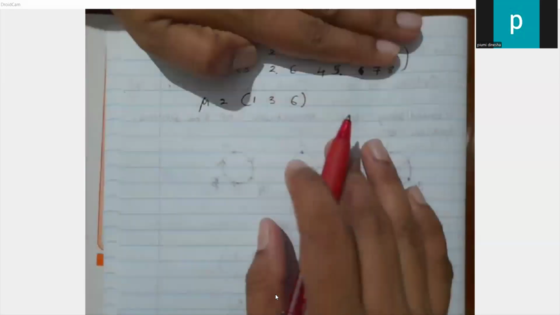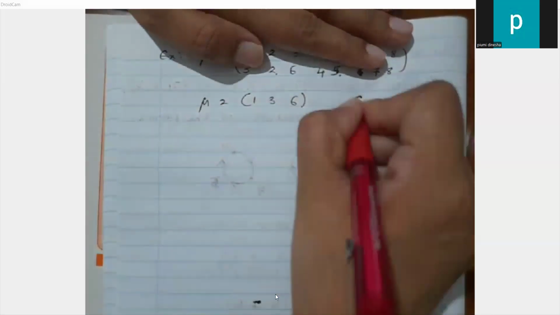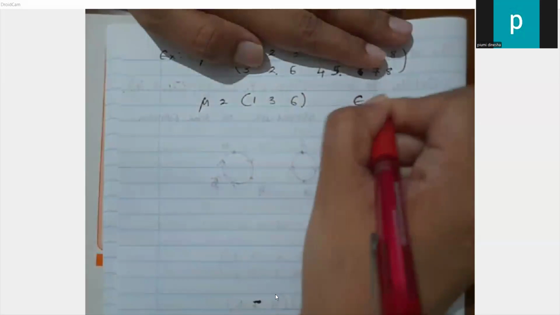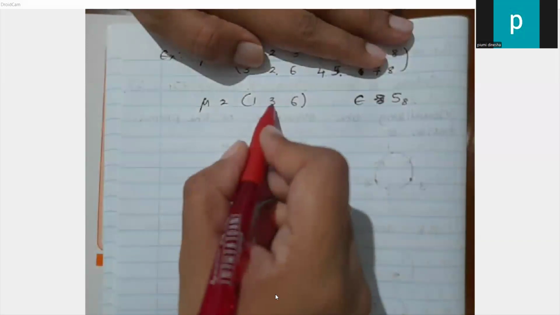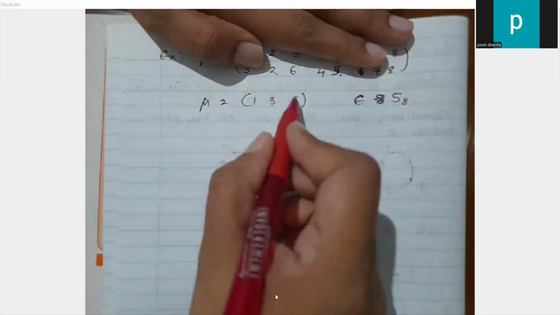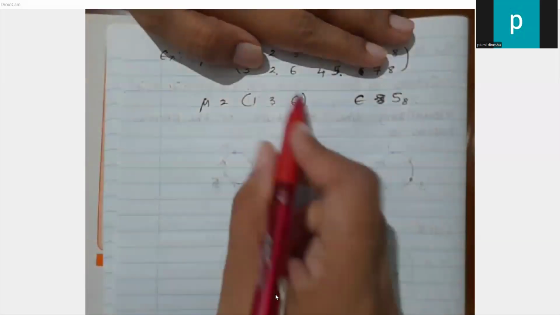So the cycle decomposition of mu is simply this. If I do not give you this set and simply this cycle, that is an element in S8, we understand 1 is mapped to 3, 3 is sent to 6, 6 is sent to 1. Because it's an element in S8, we are actually permuting numbers from 1 to 8. Every other number that you can't see over here must be fixed.